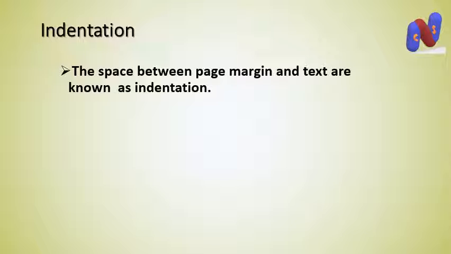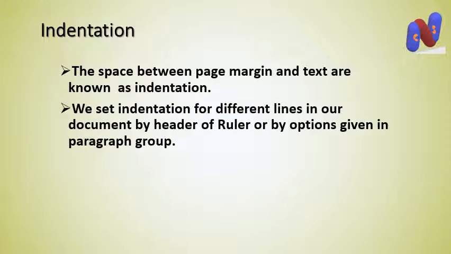So the I is on the margin line and the text keeps some extra space. This extra space, which modifies the space between page margin and the text, is known as indentation.